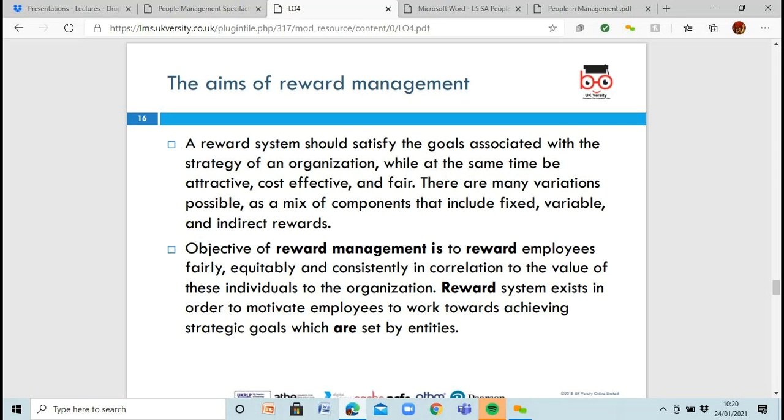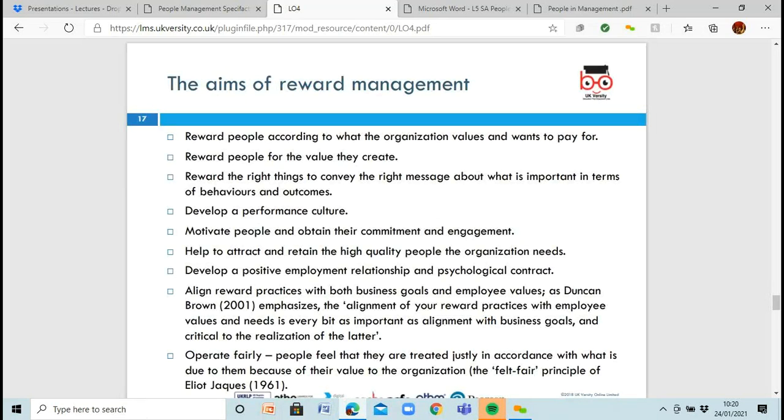So it can be a mix of components, so it could be fixed, variable, and indirect rewards. So the objective of reward management is that you're going to be rewarding your employees fairly. It's going to be consistent. If you say you're going to give them a reward after doing certain tasks, or if they finish something in a timely manner, you need to make sure that you actually come up with that reward and you're not just speaking emptily.